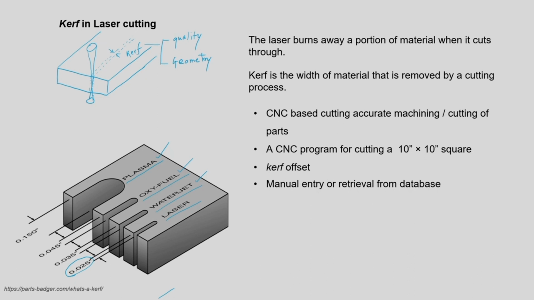So, fine, quality cutting is expected during these cutting operations. If you cut a material by using a scissor, there is virtually no kerf. But in laser cutting, a little material is burnt away, that is called the kerf, which we need to consider during our CNC operation.